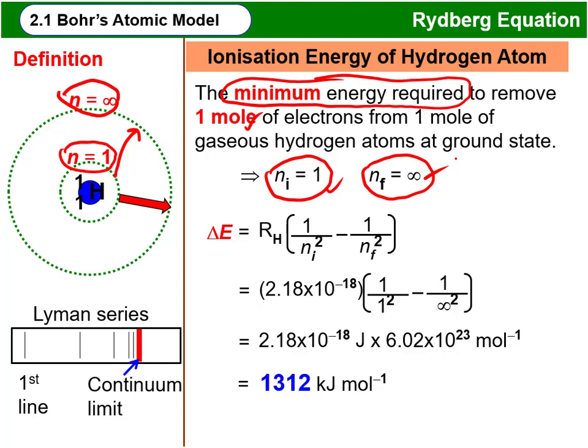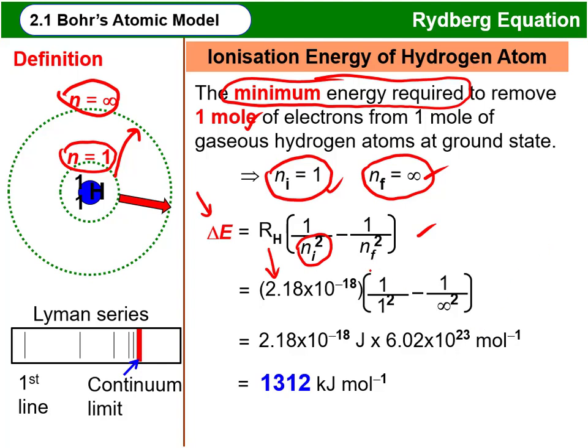When we use this formula of delta E equals to RH in bracket 1 over ni square minus 1 over nf square, RH will be 2.18 times 10 negative 18 joule in bracket 1 over 1 square, because the initial is n equals to 1, right?